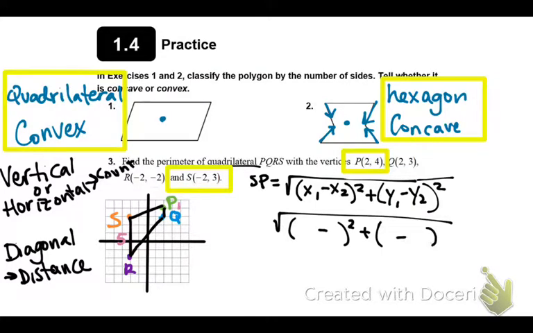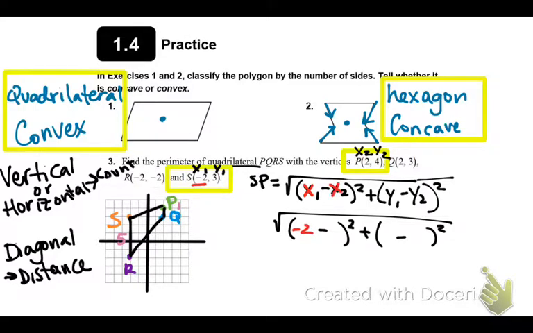So before we even plug stuff in, I am going to tell you what we're going to do, because I like to read from left to right because I'm an American and that's what we do. So I'm going to call S my x1, y1, only because when I look up, I want to look up 1, 2, 1, if that makes sense. So this will be my x1, y1, and this will be my x2, y2. It doesn't matter what you labeled it. I'm just telling you what we're doing in class. So what is the first x I'm going to plug in? -2.